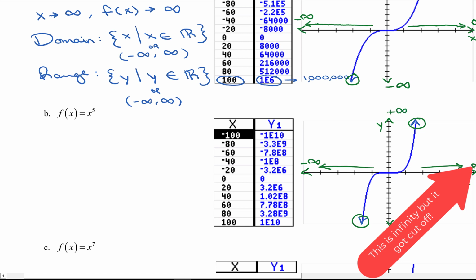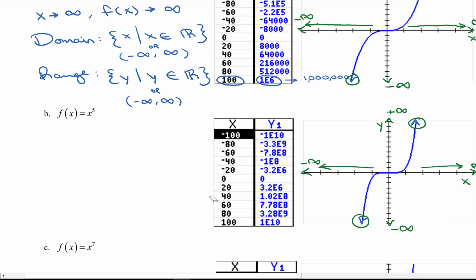And we can see that by looking at our table. If our x's get very small, they go in the negative direction, we see that our y values also get very small. And if we go in the positive direction and our x values get very large, then we also see that, oh, look, our y values are also getting very large.